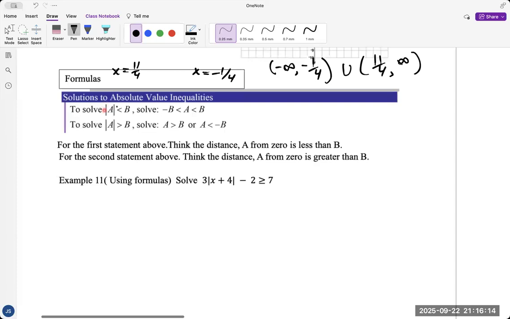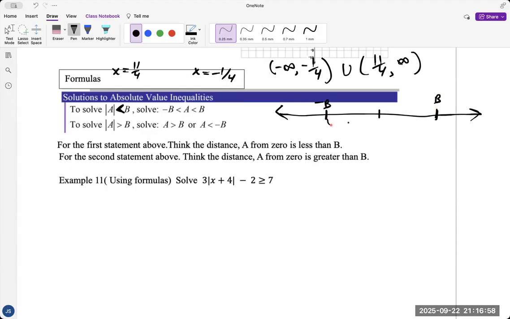Whenever you have an absolute value expression and it's less than, I think the easiest way for me to remember this is the picture. So if the absolute value of A is less than B, the distance from zero of A is less than a certain value B. So let's let B be here and here.